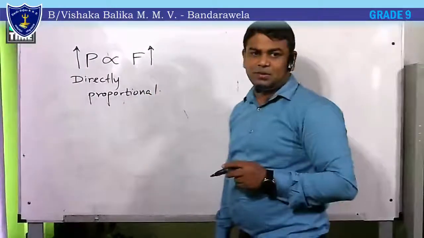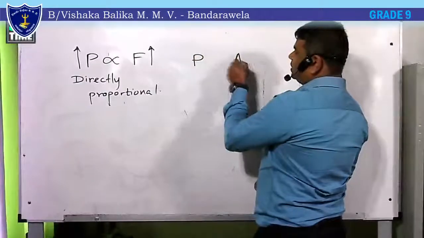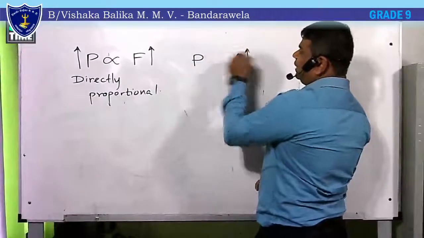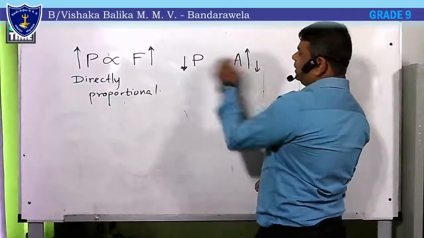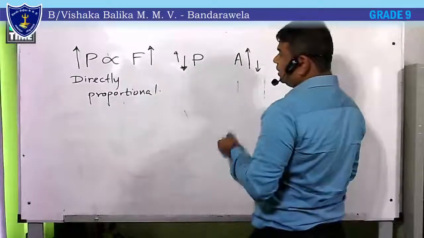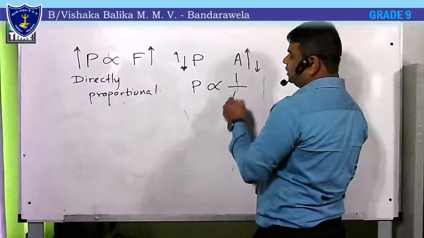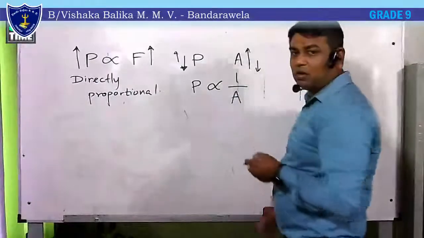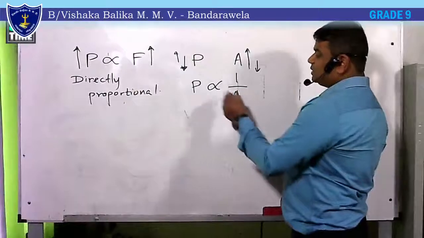That's the first conclusion. The second one is the area. Area and pressure: greater the area, lesser the pressure. Lesser the area, greater the pressure. Inversely behaving. Therefore, we write it like this. This is how we indicate the inverse proportion, 1 over A. That means if area is increased, the pressure decreases.